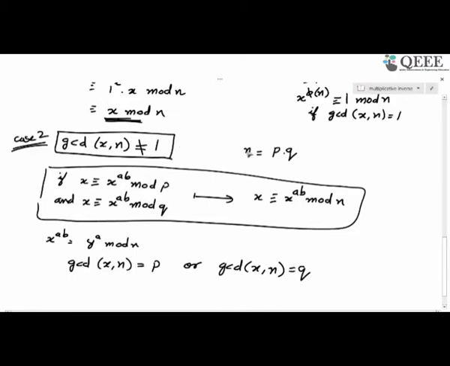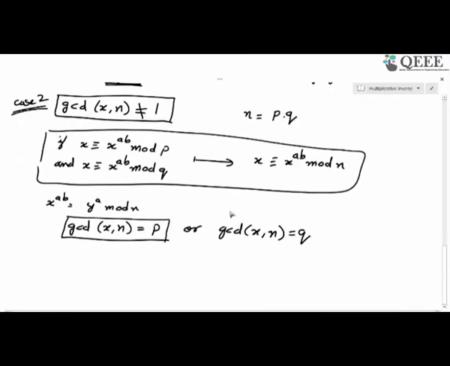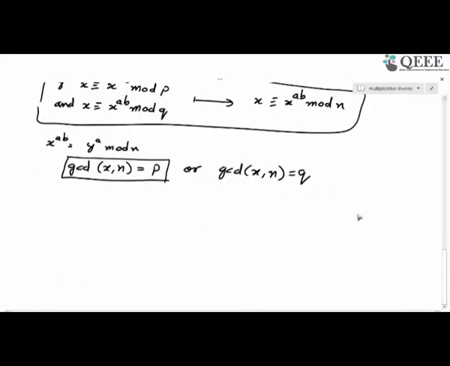Because the only two factors of n are p and q. Therefore, if the GCD is not equal to 1, it has to be either p or q, because only p and q divide n. So without loss of generality, let us assume that the GCD of x comma n is equal to p. We can of course prove the same thing if the GCD happens to be q.